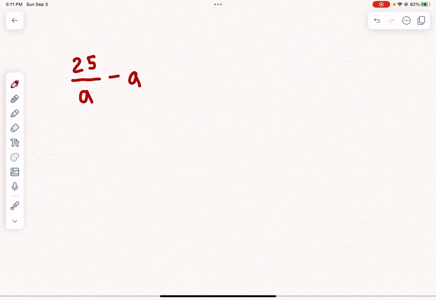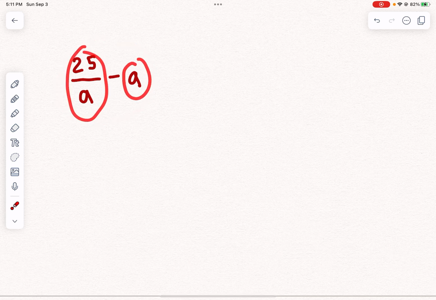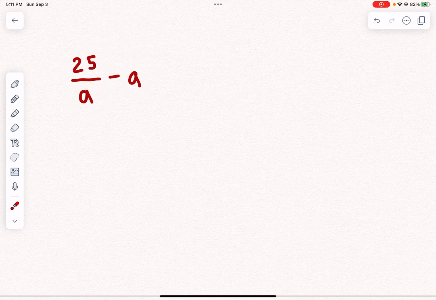same idea. We have this fraction minus this variable, and we want to get a common denominator. Here, our common denominator would actually be a. So what we would do in this case is multiply this by a over a.